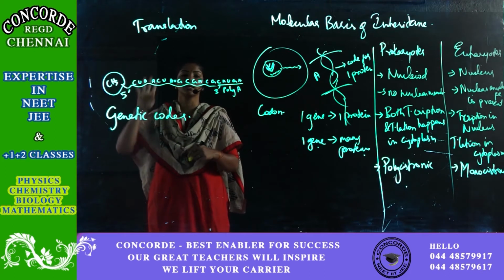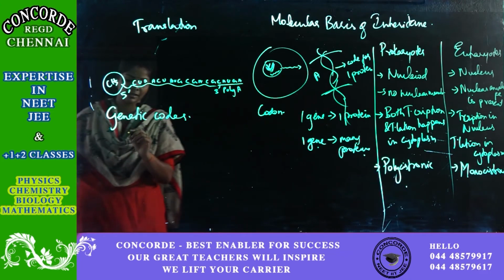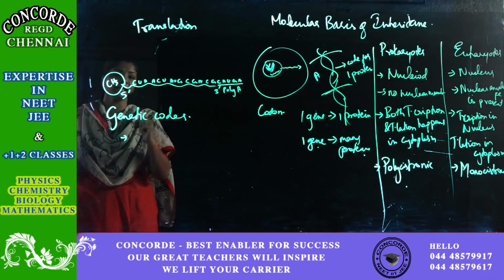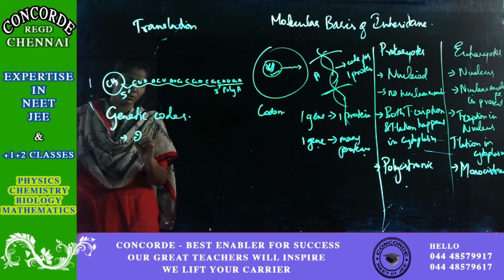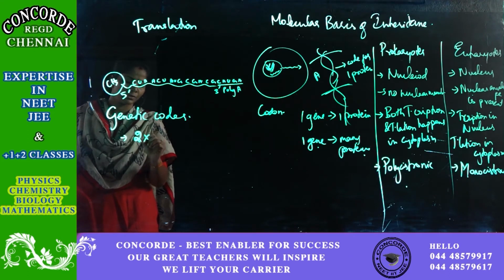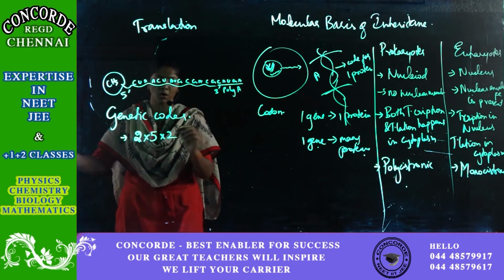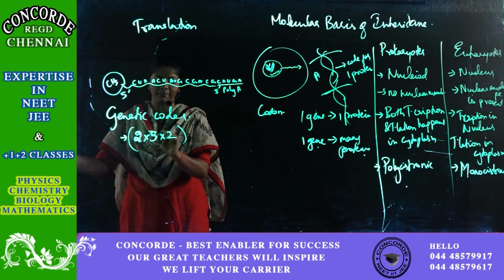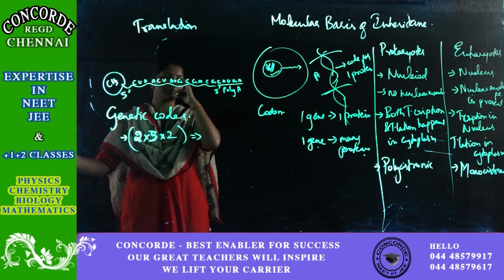Totally there are 4 nitrogenous bases, correct? So how many codes will you have? Each code will have 3 letters. By permutations and combinations, a code has 3 letters.